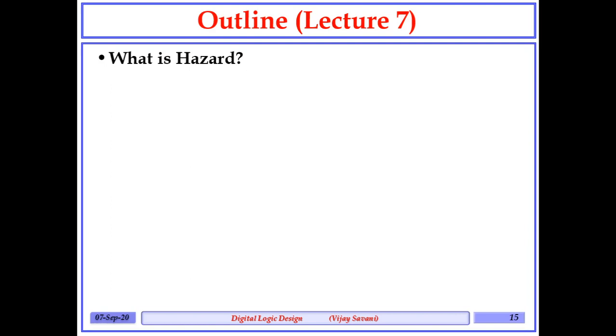In this lecture, first and foremost we will discuss the hazard. Before going to the outline, let me tell you briefly about the hazard. Till this point in the theoretical session, in the circuitry and components that we have discussed, designed and analyzed, everywhere we have considered all the components, the circuitry and the gates as ideal components.